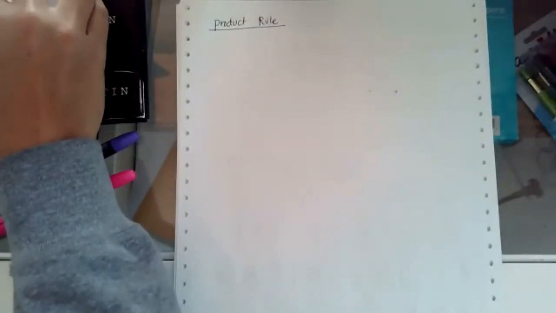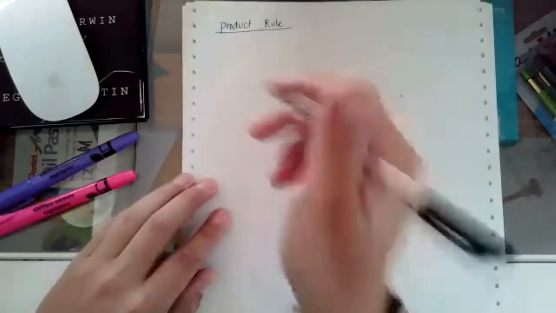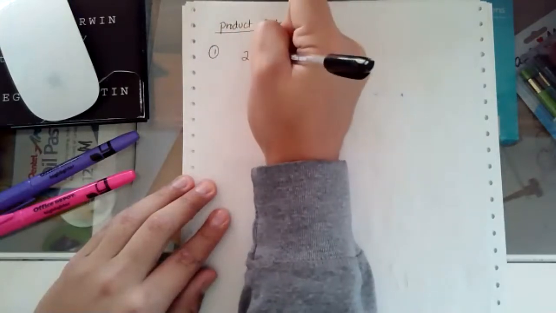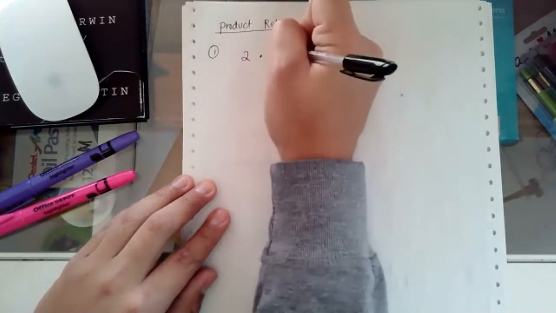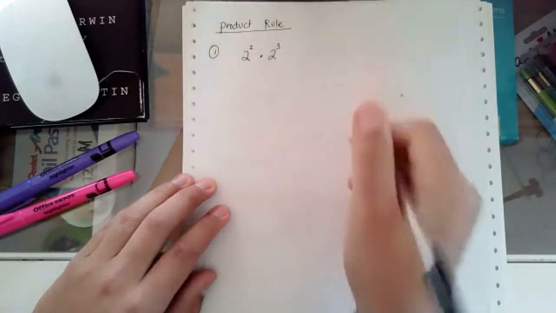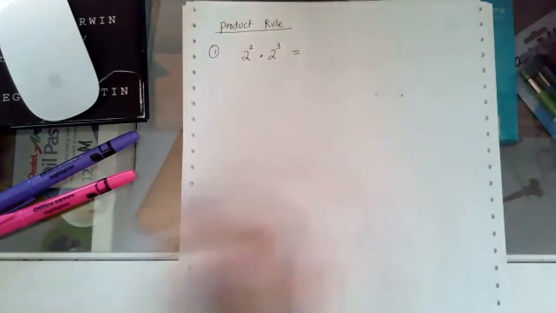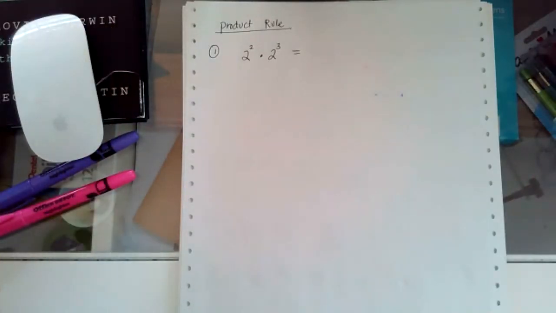So if I had, for example, 2 to the second power times 2 to the third power, could we rewrite this in terms of an exponent where we sort of combine the exponents and just have a single expression with one exponent?